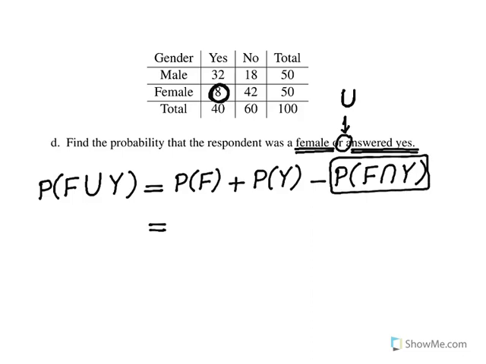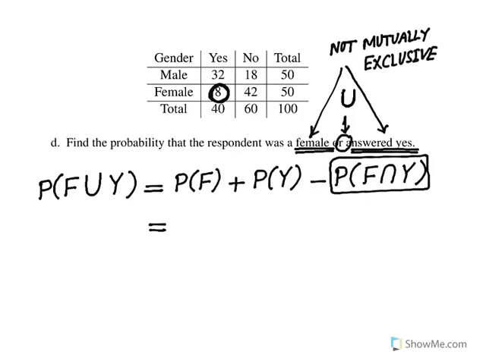So we need to include it. In other words, these two events, the female and answered yes, are not mutually exclusive, because they have an intersection. There are females that also said yes. So female and yes is there.